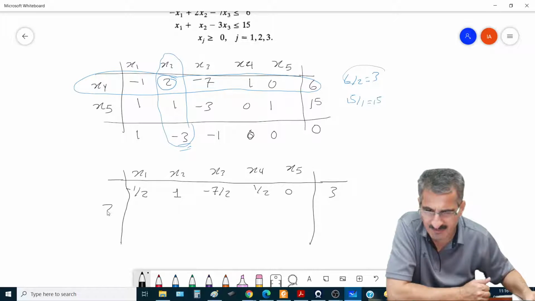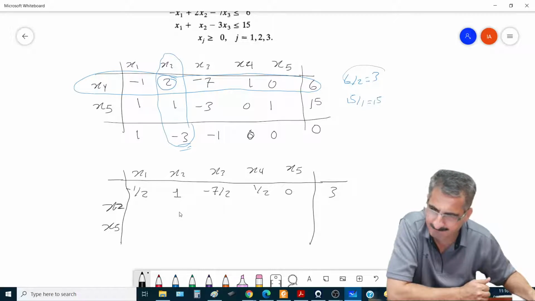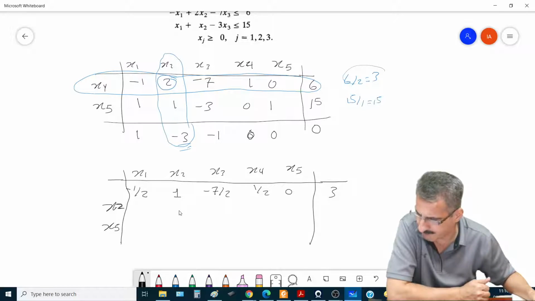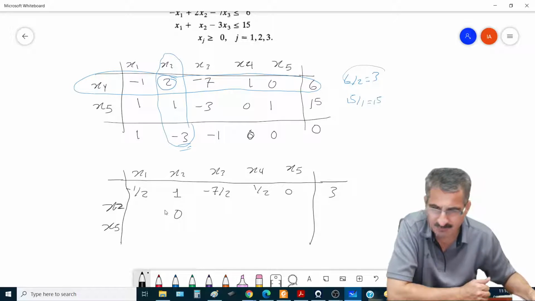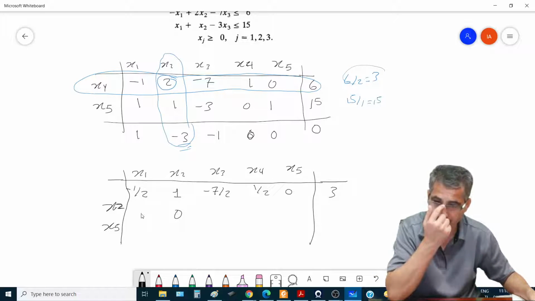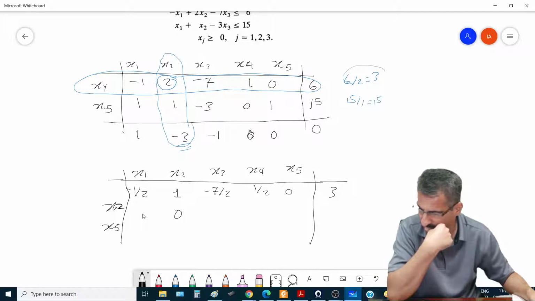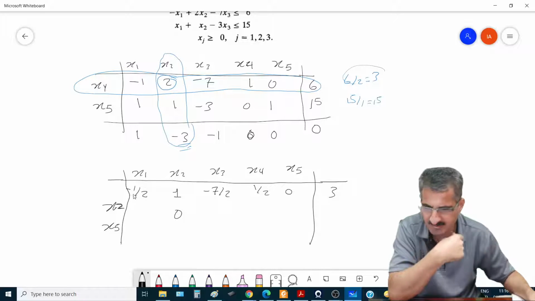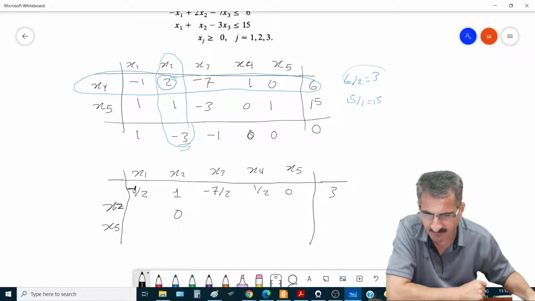Now this will be x2 instead of x4. We'll have x2, and this is x5. Now make that 0. Let me copy it from here. Multiply it by -1 and add. Yes, sorry, this is -1/2.